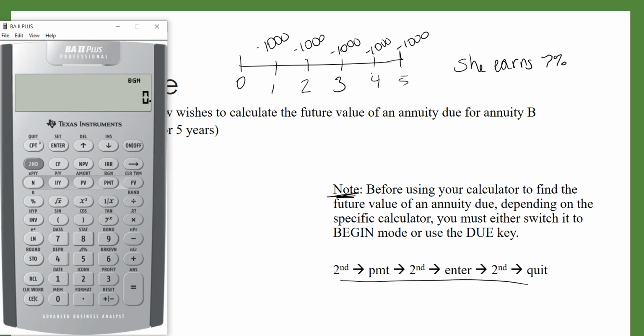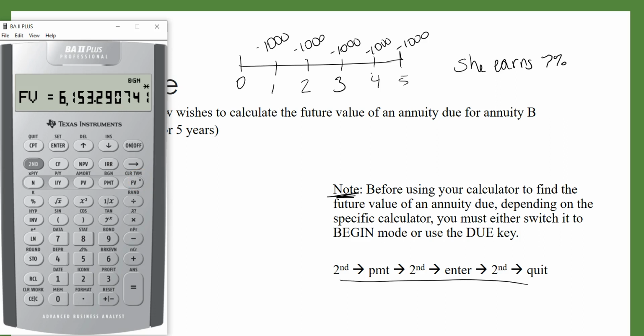So this is the same problem we did before, except now we're working it with our calculator in begin mode. So here she has an investment for 5 years. She earned 7%. She has nothing in her account today. She's putting $1,000 each year into a savings account, and we want to know how much she will have.